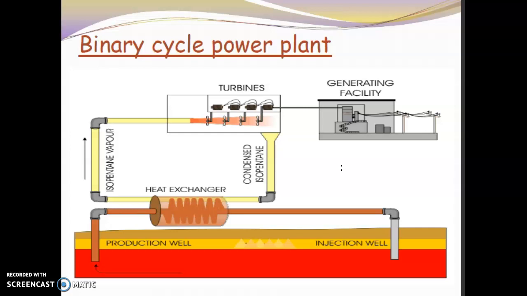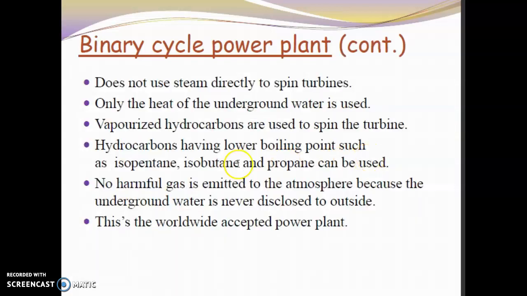Then the binary cycle power plant. Here we have a heat exchanger and isopentane vapor, which is sent to a turbine so that energy is generated. It does not use steam directly to spin the turbines.